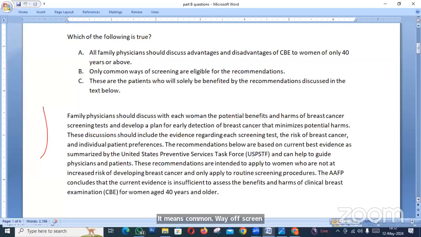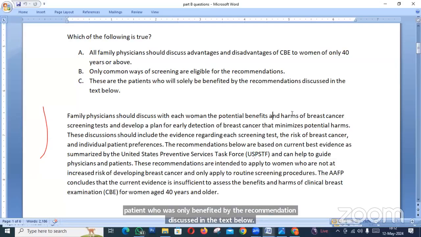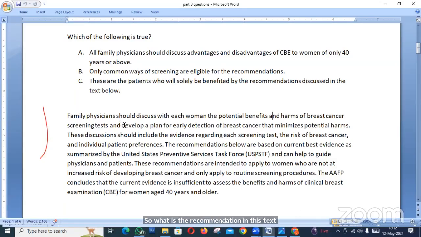Only one way of screening is eligible for screening. They are the patients who will solely be benefited by the recommendation discussed in the text below. So what is the recommendation in this text below? Physicians should discuss with each woman the potential benefits and harms of breast cancer screening tests, and develop a plan for early detection of breast cancer that minimizes potential harms. These discussions should include the evidence regarding each screening test and the risk of breast cancer.